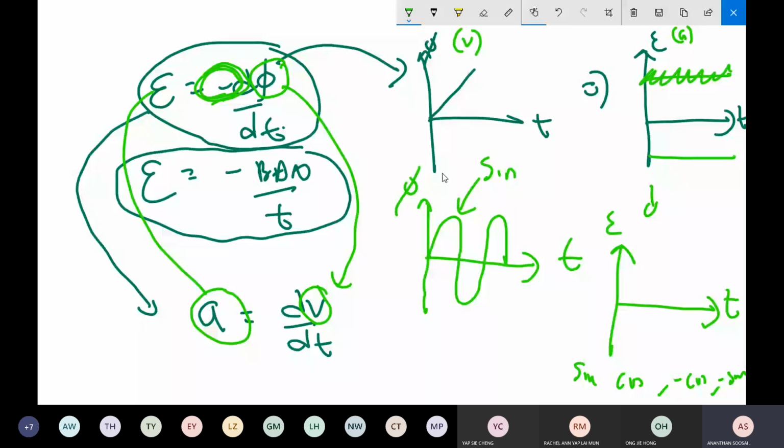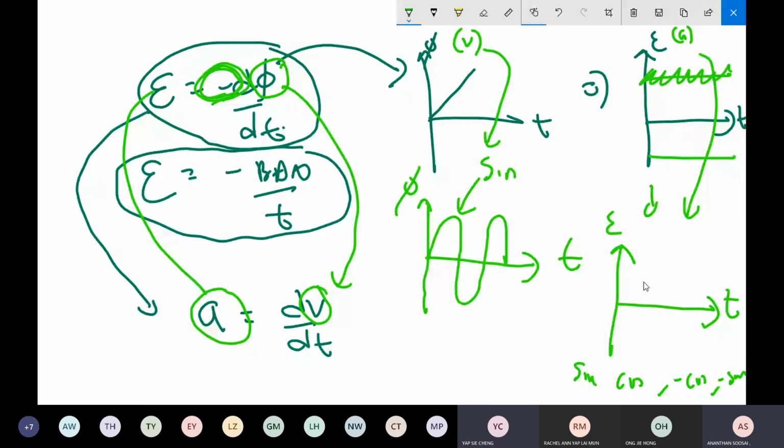What shape is it going to take? Because EMF is negative dψ over dt. Flux is sine. So imagine your velocity is like sine. How does the acceleration graph look? The EMF, we take it like acceleration before we reflect it. Okay, velocity is sine. Acceleration should be what graph?